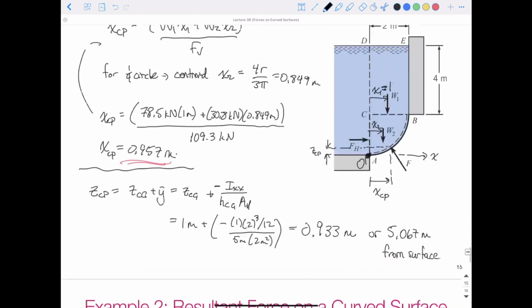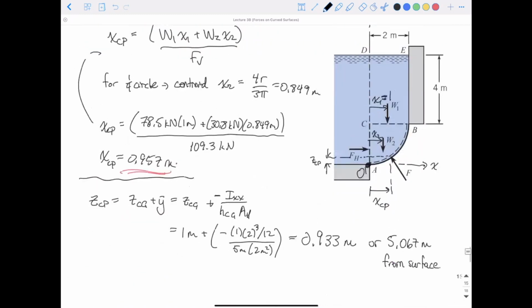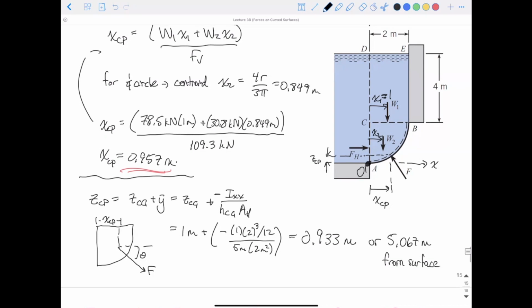So if we wanted to finish this drawing off, we would maybe just draw our shape at the bottom, and we would have our resultant force, theta, XCP, and ZCP.